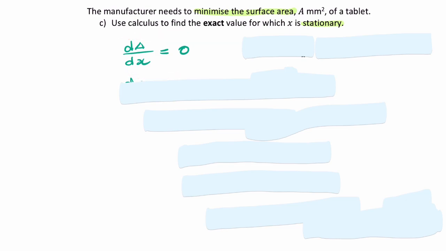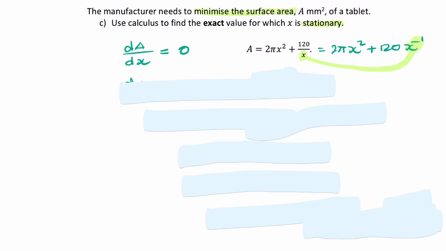So if you remember what the expression for area was, this is the expression that we found. It was given in the question. So we need to differentiate that. Before you do that, let's get rid of the x in the denominator and convert that to x to the power minus 1.